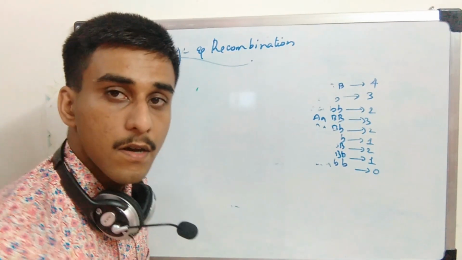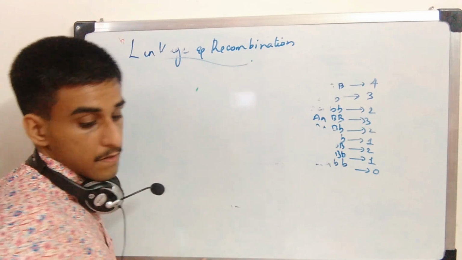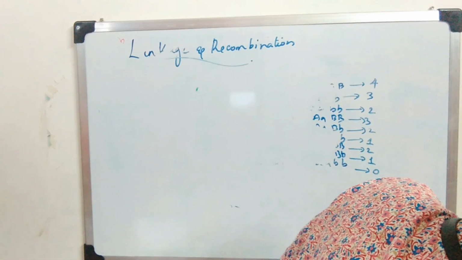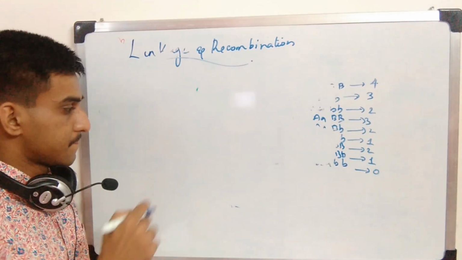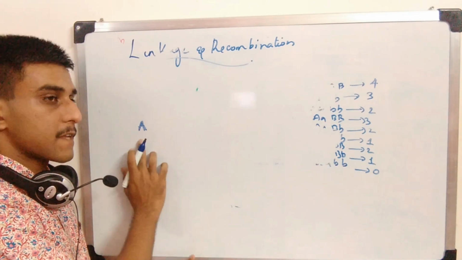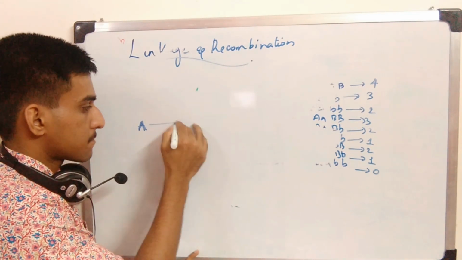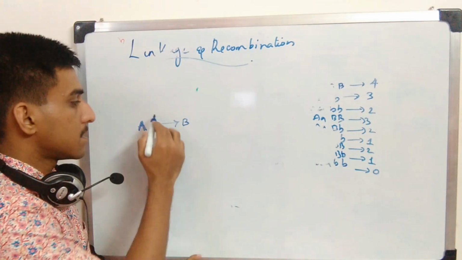So pleiotropy. Just consider a situation. A reactant, a substance A is converted to substance B with the help of a gene. Consider gene 1.